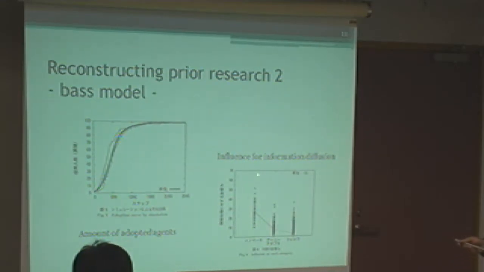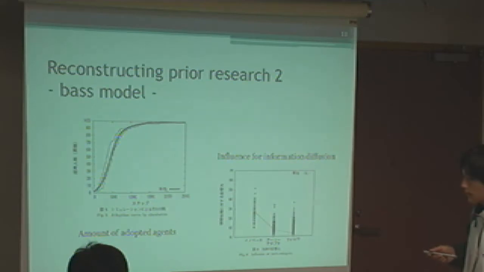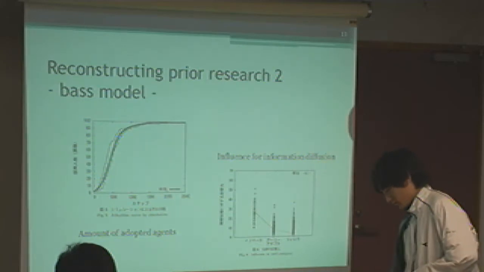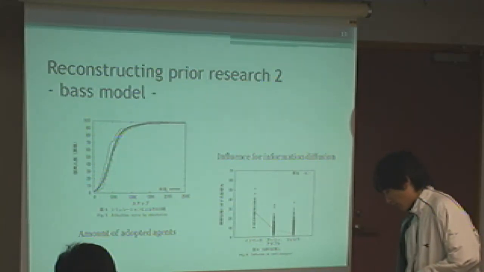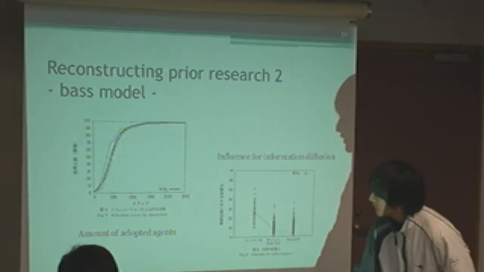These lines are innovators' influence, early adopters' influence, and followers' influence. This is the average line. When we see this, we can see the innovator has the most influence, and they could reconstruct the Bass model.